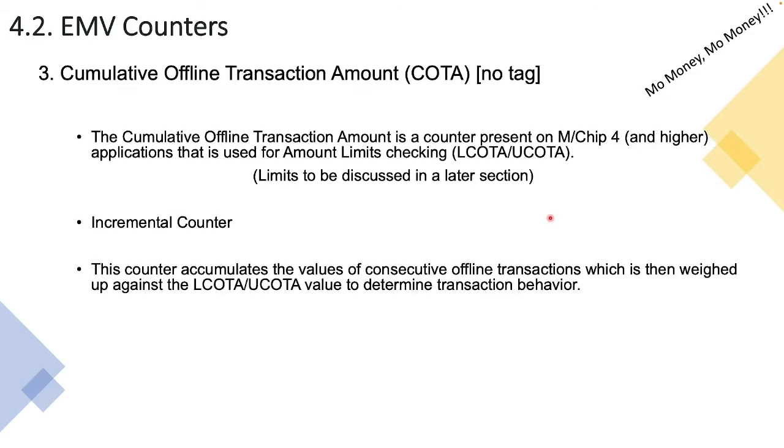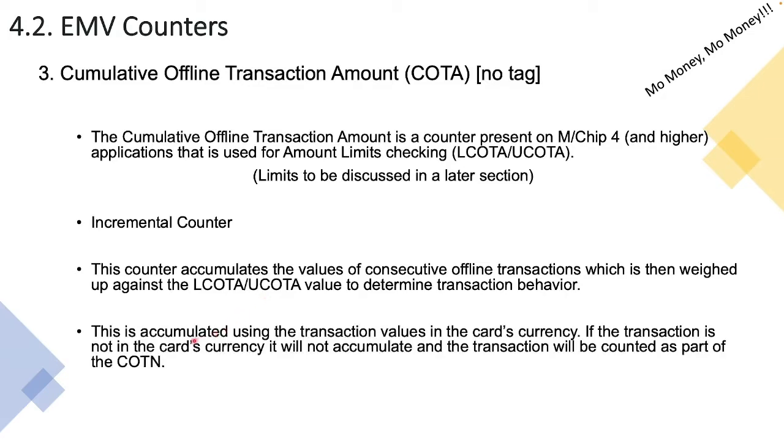The counter accumulates the values of consecutive offline transactions. Okay, now the important thing to remember here, we're talking about values and we're talking about consecutive offline transactions. So transactions that complete offline, one after the other. Okay, and obviously then this value will be weighed up against the LCOTA and UCOTA limits, which we'll discuss later on.